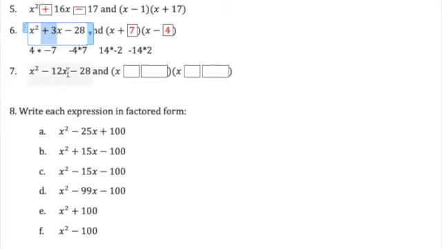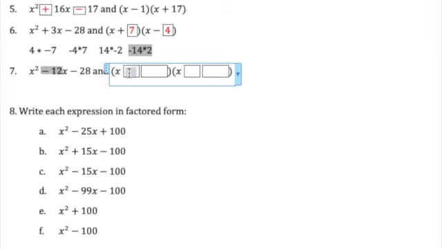And my last one down here, I want to think, all right, what factors multiply to get negative 28 but add to get me a negative 12? And now I'm glad I have all of these, because the ones that add to get me negative 12 are, let's see, I'll have it in gray. Negative 14 times 2 gets negative 28, and negative 14 plus 2 gets me negative 12.